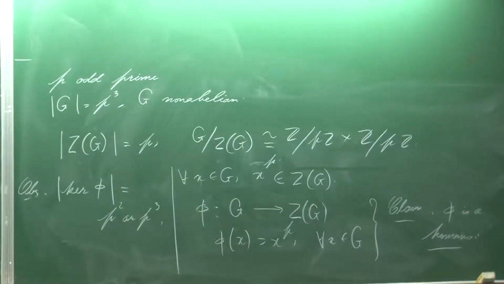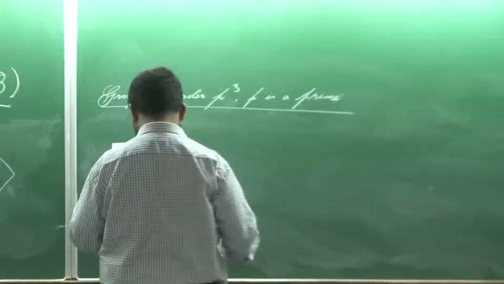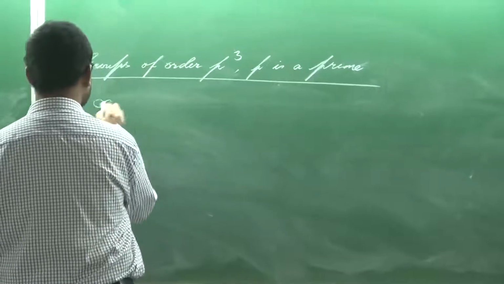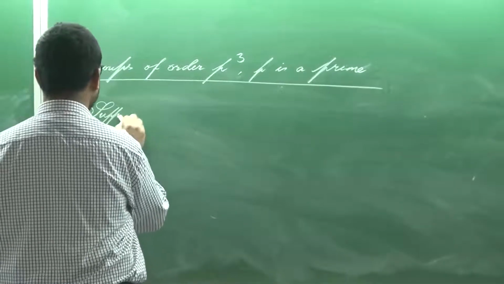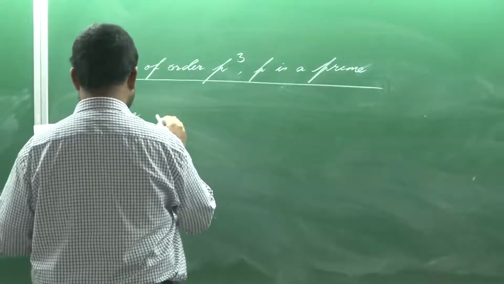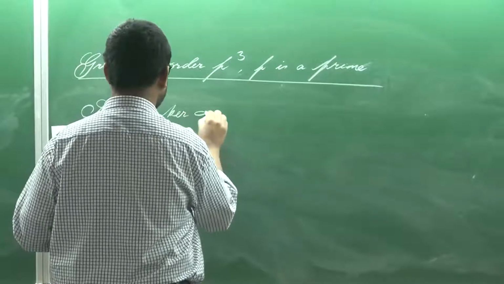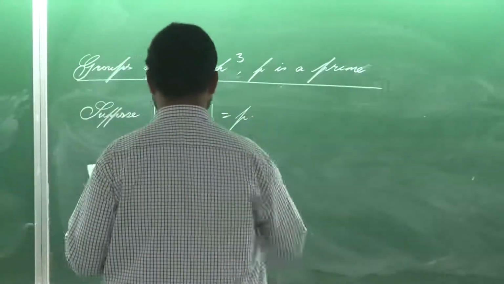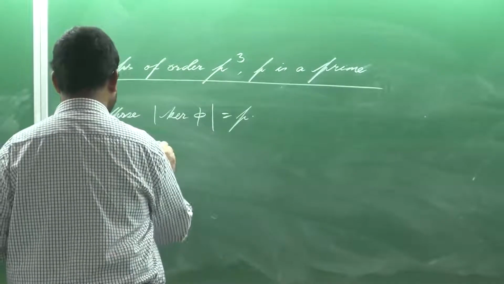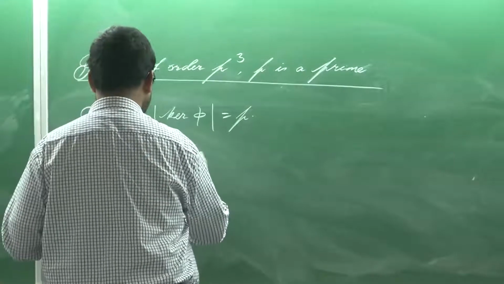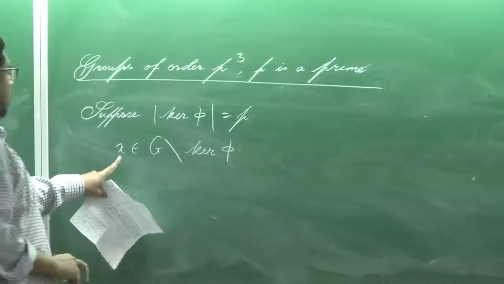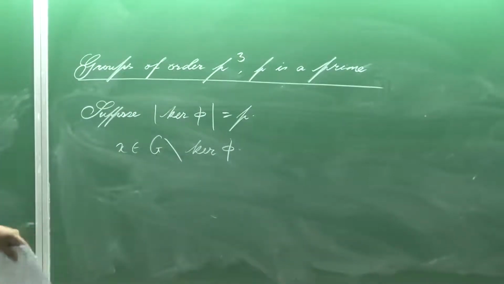So if the kernel has order p, then what can we say? Suppose that the kernel has order p, then take any x outside the kernel.